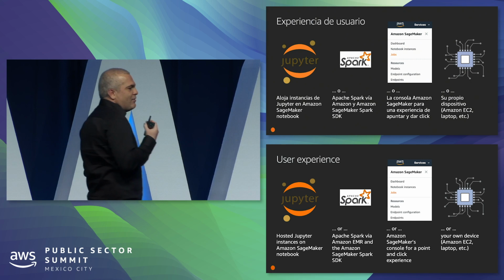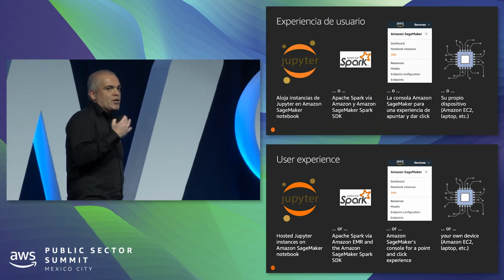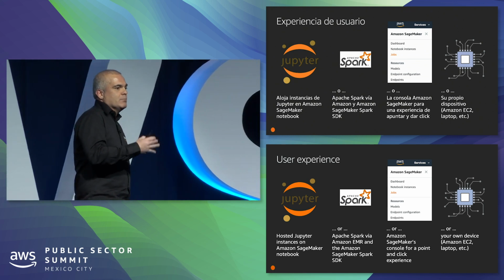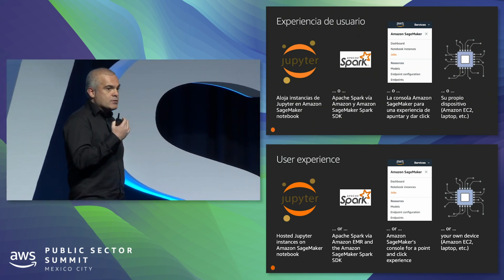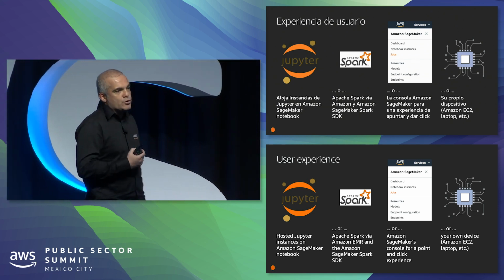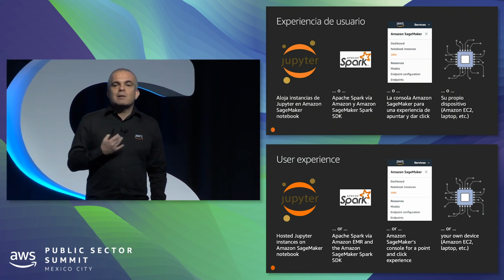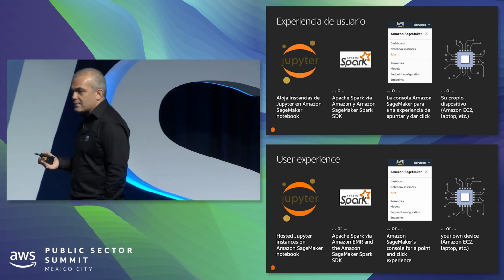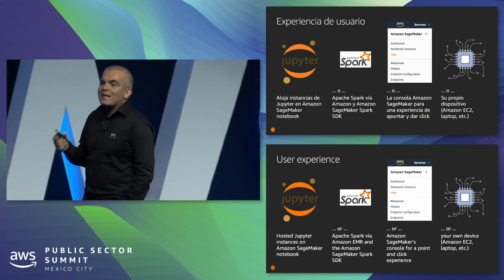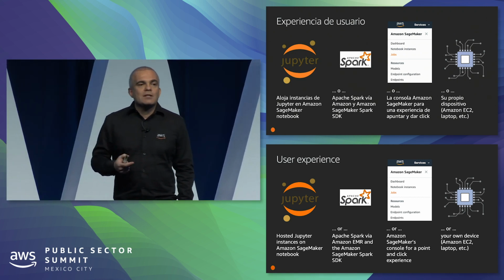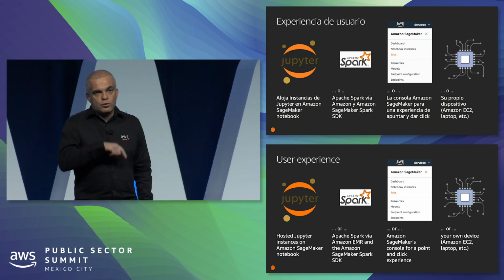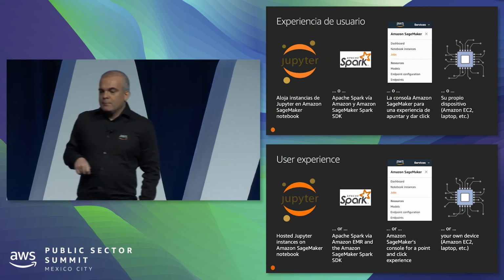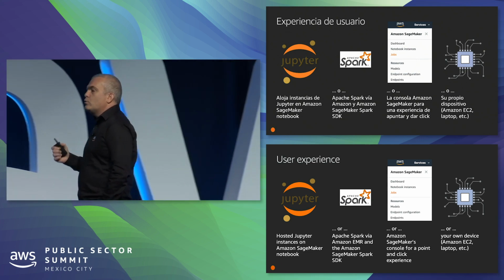In terms of interface, Amazon allows you to use your own development tools, or you can also use popular tools like Jupyter, because we based our solution on open source, and we want to make things open for you to decide what makes sense for you in terms of business. So let's go and see the data scientist interface. Could you switch to my computer, please? And now we are going to Jupyter.